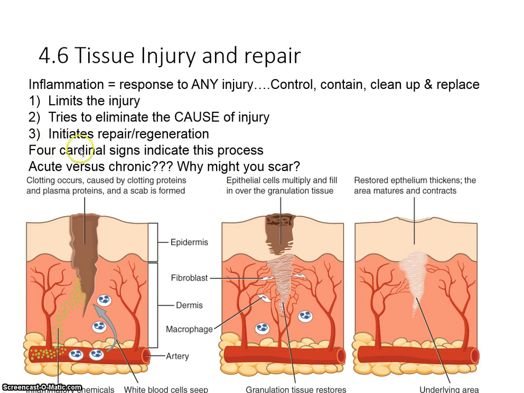Okay? So again, the 4 cardinal signs, redness, heat, swelling, and pain, come from the fact that in the process of inflammation, the injured cells release a whole lot of chemicals. And the chemicals basically signal the neighboring blood vessels to dilate, so more blood is flowing into the area, which means there'll be more heat because your blood carries heat.